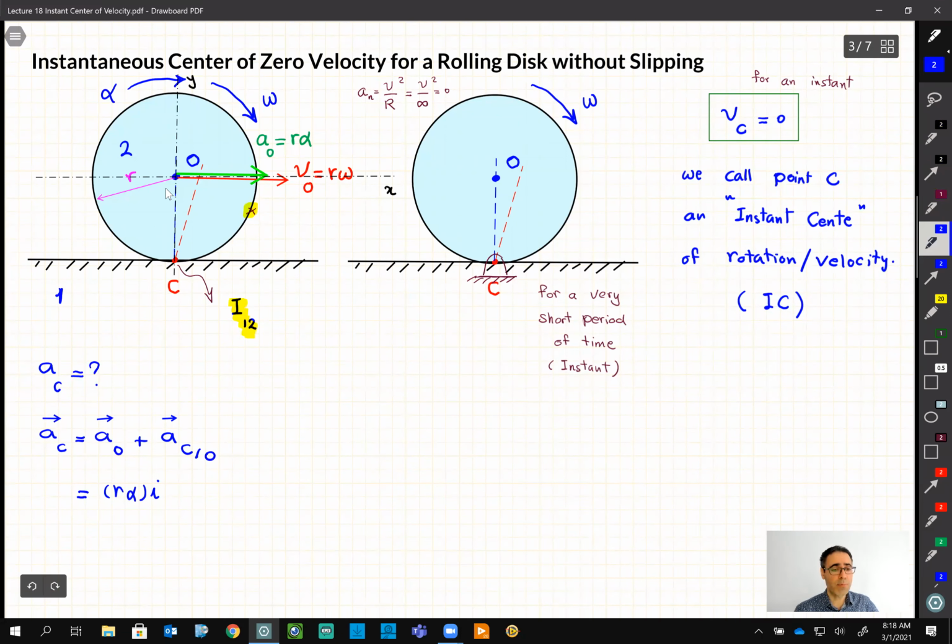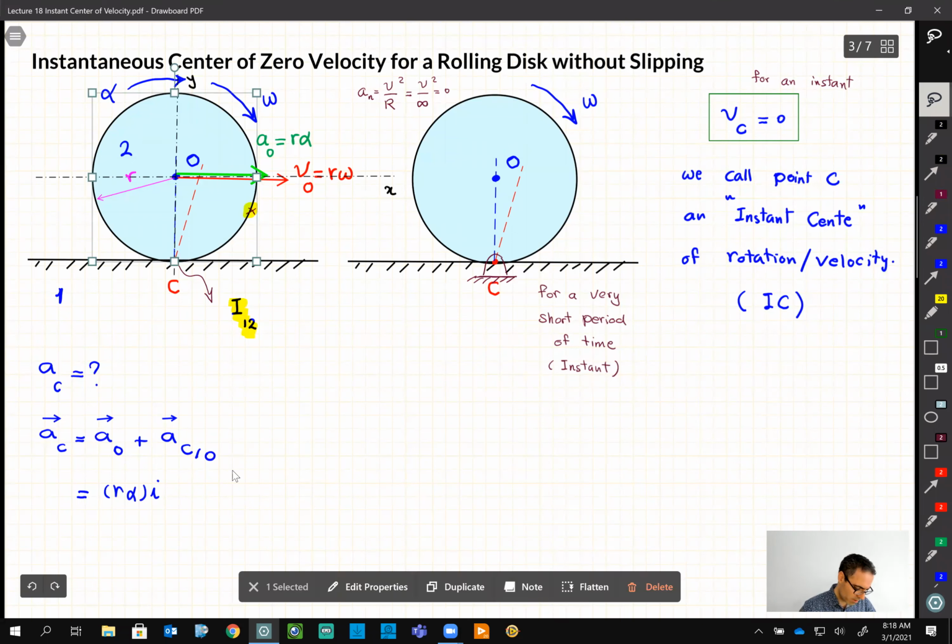We discussed this before. We said when we say a point with respect to another point, it means that point, like here, point O, we consider it to be fixed. Let me move my disk here.